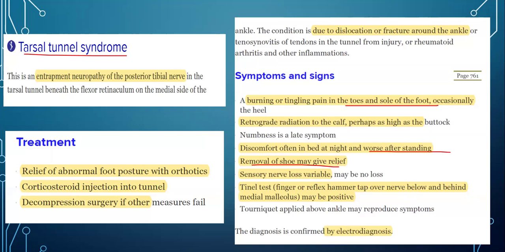The sensation of the sole can be impaired. So that can be the finding. Sometimes a Tinel tap test can be positive in this case also, same as carpal tunnel syndrome. If you want to confirm the diagnosis, you can do either a nerve conduction study or electromyogram.